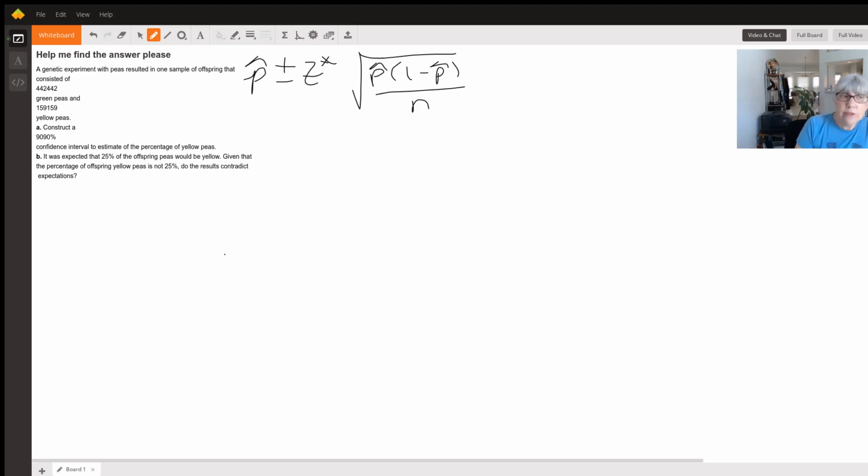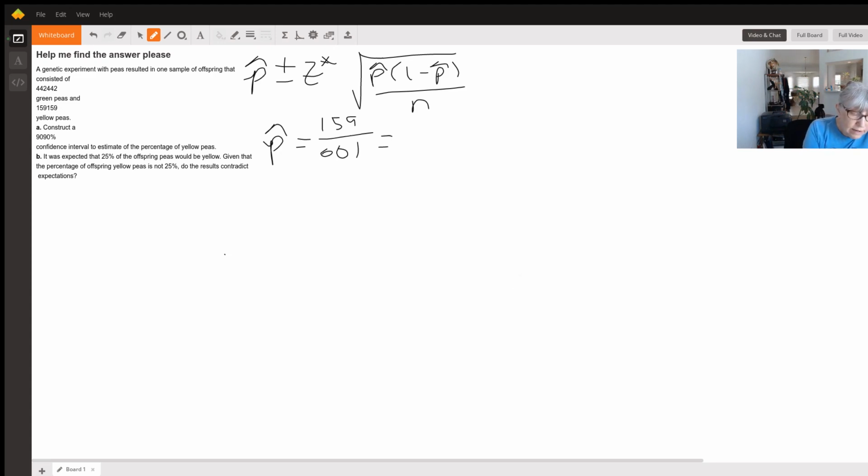So let's figure out what these numbers are. P hat is equal to the number of yellow peas, which is 159, divided by the total number of peas, which is 442 green peas plus 159 yellow peas, which is 601 peas total.